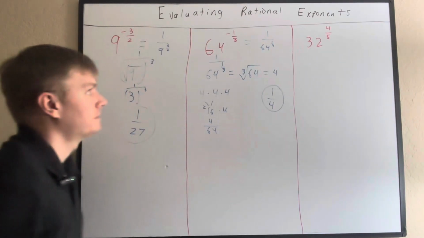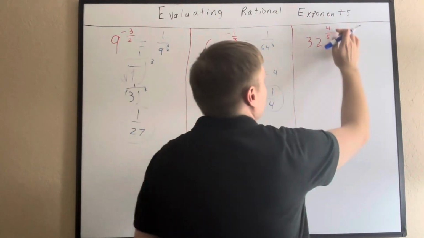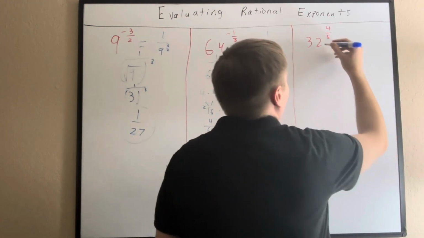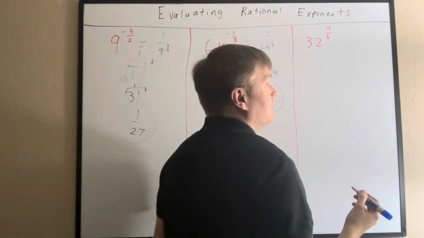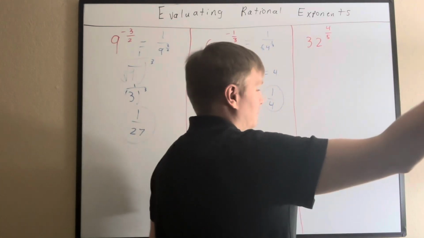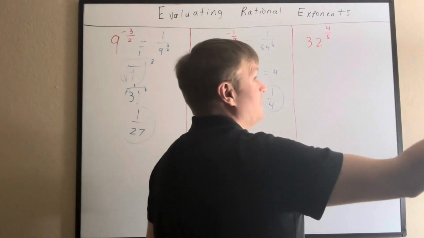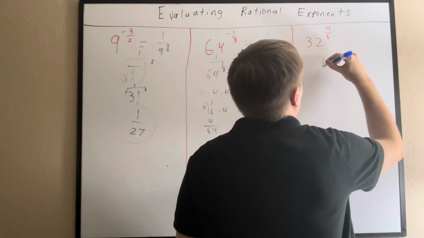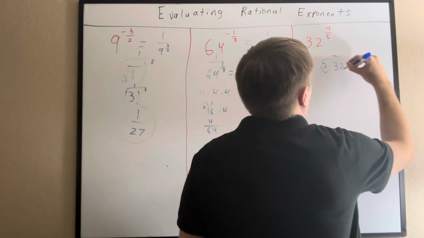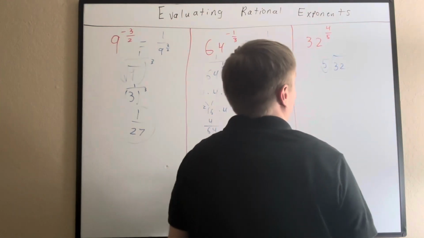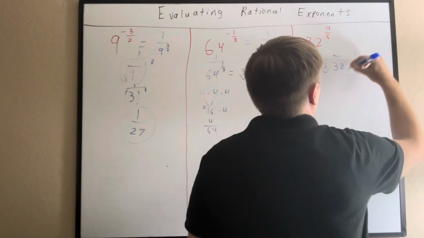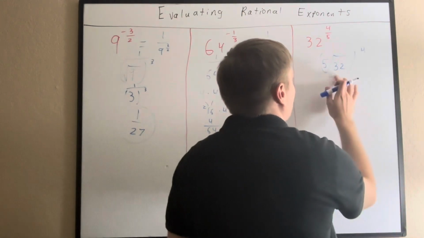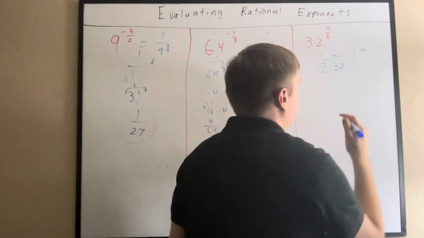All right, last one. 32 to the 4/5. Well, we're not going to multiply 32 times itself 4 times just to find out what the fifth root of that huge number is. So let's take the fifth root first. And this time, no reciprocal because it's a positive exponent. And don't forget to raise it to the power of 4 when we're done. Now, fifth root of 32. Oh.